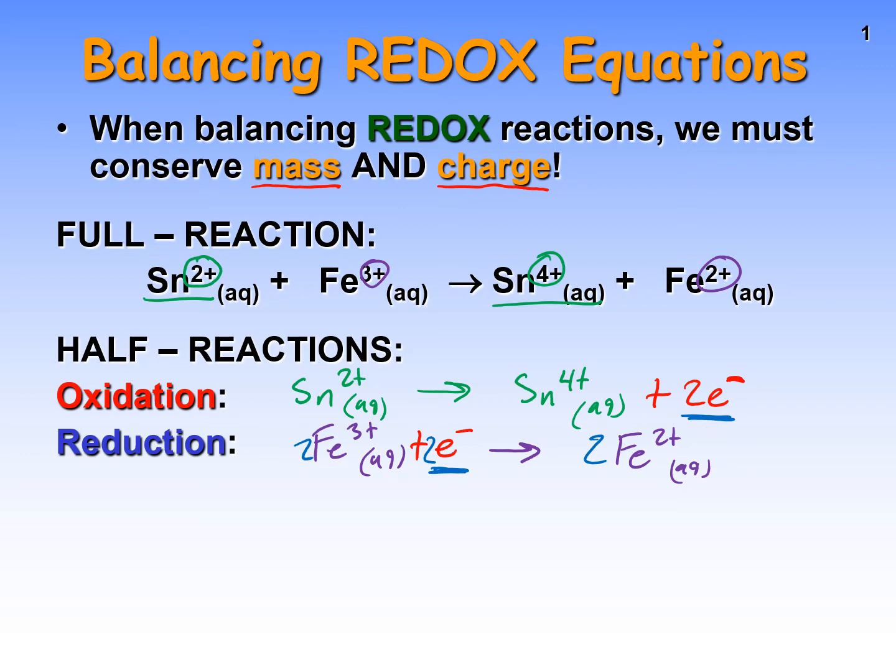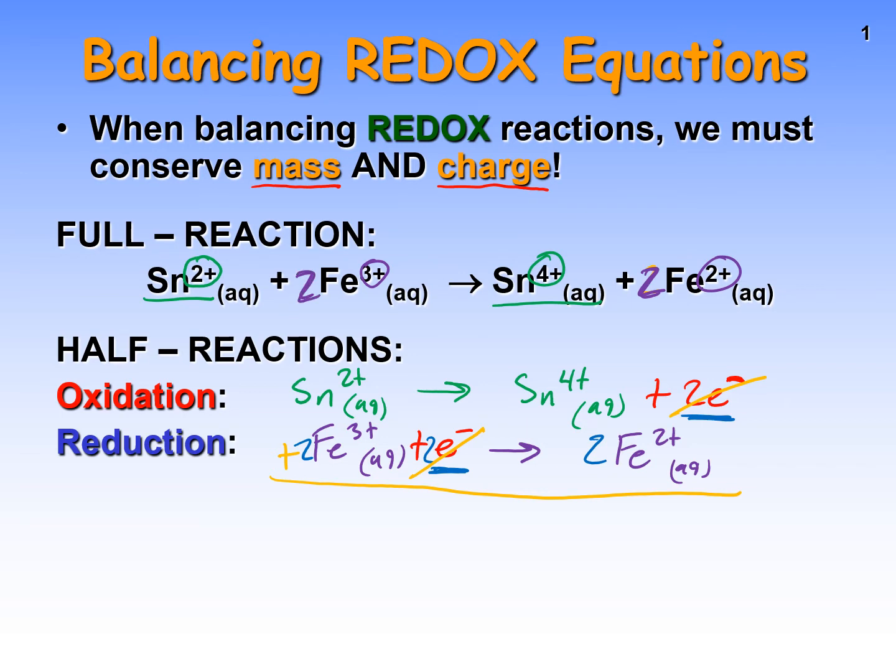Now I can add these 2 reactions back together. If I add these together, I notice the electrons are going to cancel, but everything else doesn't. And so my overall balanced redox reaction is going to have a 2 in front of these irons.